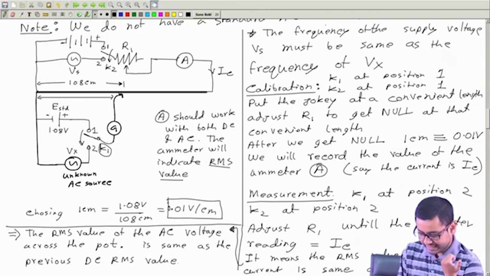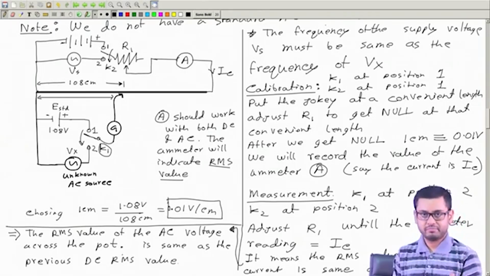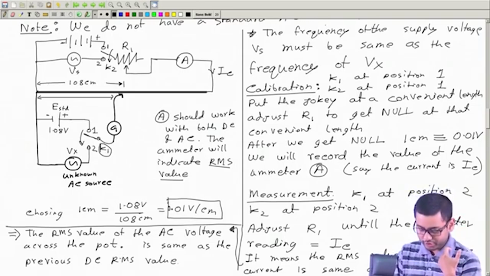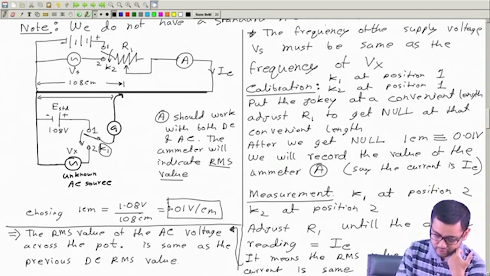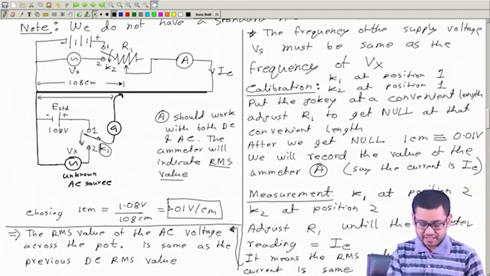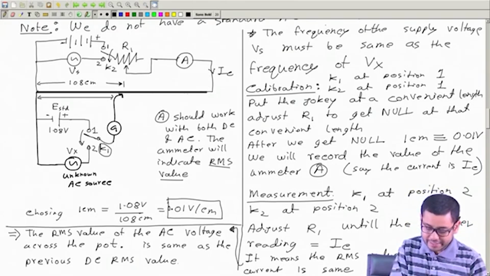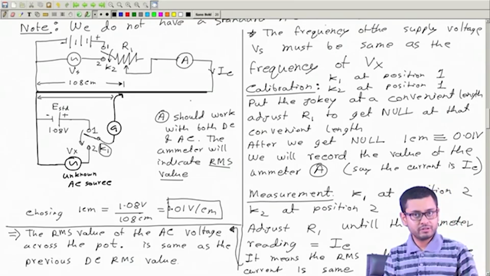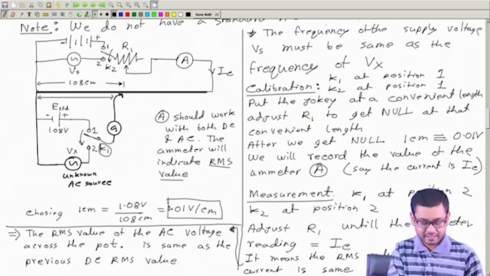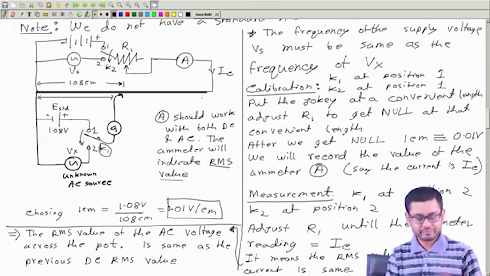Now for DC, RMS is same as the average or the DC value itself. So therefore we can say that the RMS value of this voltage, from here to here, is same as the DC voltage which was here previously. Or we can also say the RMS value per unit length of this wire is same as the DC value which was there previously per unit length of the wire.